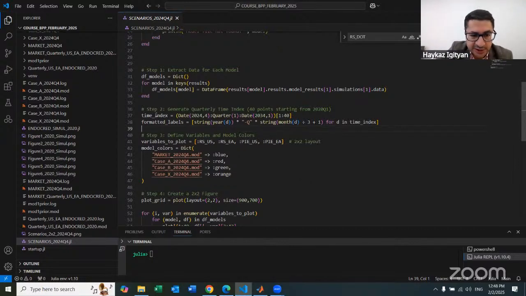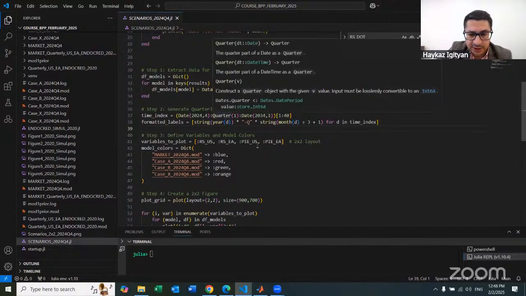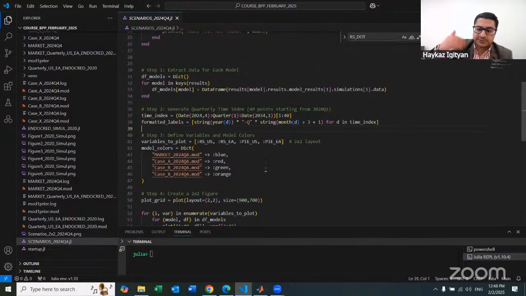That's why we're creating this time index starting from that, going by steps of 1 quarter up to 34 and taking the first 40 of that.